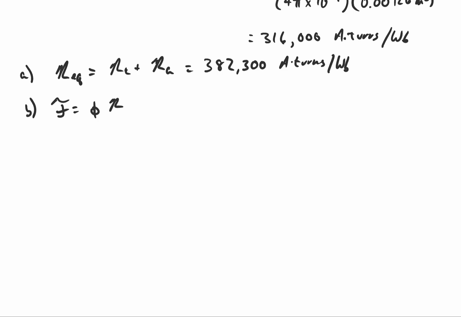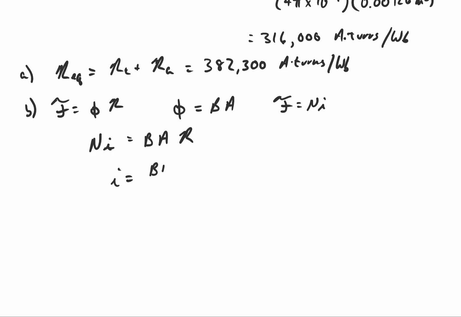And remembering that the flux is equal to the flux density times the area, and the magnetomotive force is equal to the number of turns times the current, I can rewrite this equation to be Ni equals BA, which is the flux, times the reluctance, and now I can solve this equation for I. I is equal to BAR over N, and what I want is B, the flux density, to be half a Tesla. So I can plug that in.